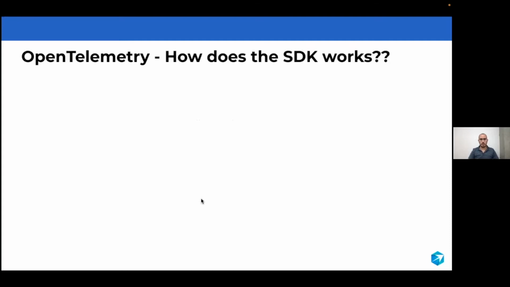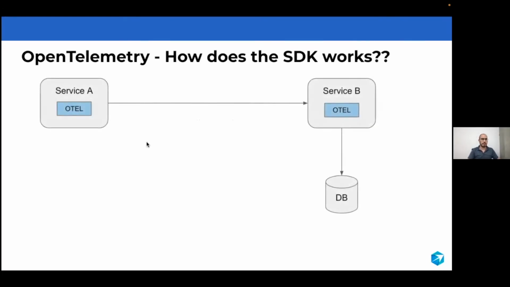Okay, so now that we have an understanding of what OpenTelemetry is, and we know that we have an SDK and a backend, now we can try to understand how it really works. I have here in front of you a very simple application.